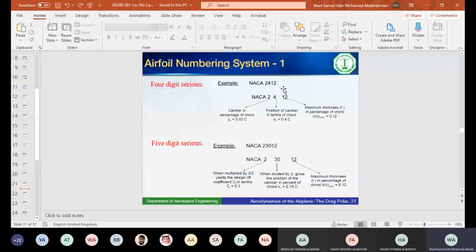2412. See if you can see this on the board. Can you see the board? Yeah, we can. Yes, doctor. So I can draw the airfoil 2412. Doctor, the green is not clear.